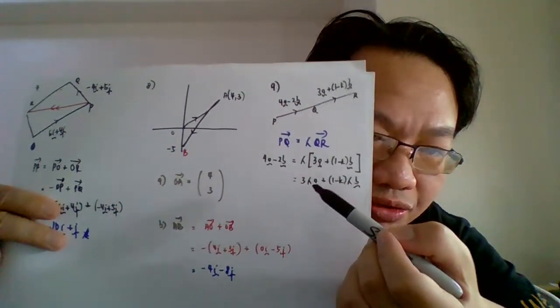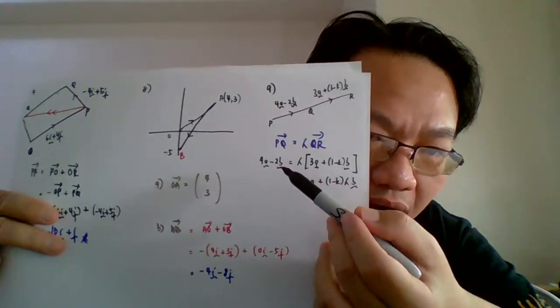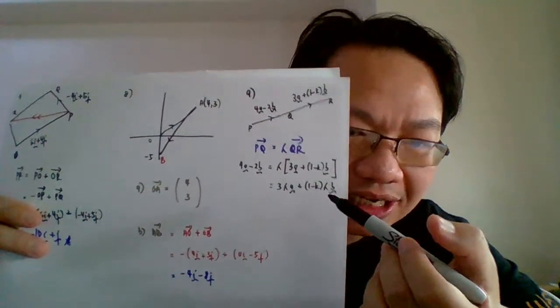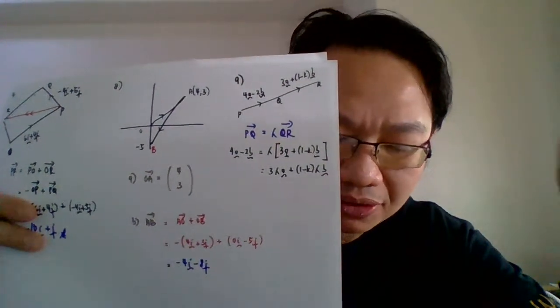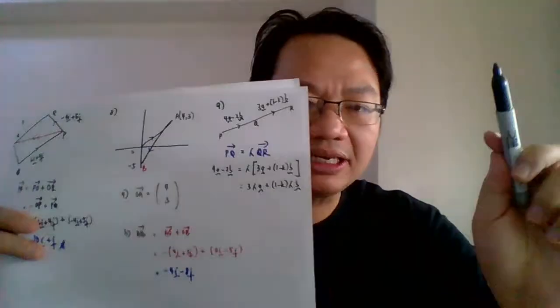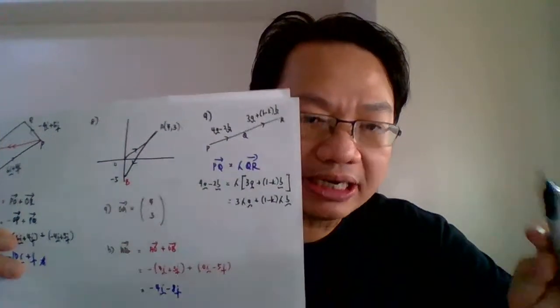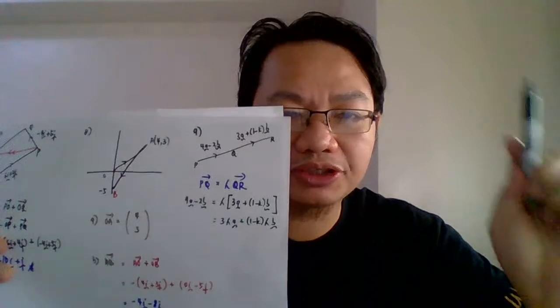Our A on the left belongs to our A on the right. Our B on the left belongs to B on the right. That is your comparing value. So now, the first thing to solve the problem is to find lambda. Okay, that is your first job.